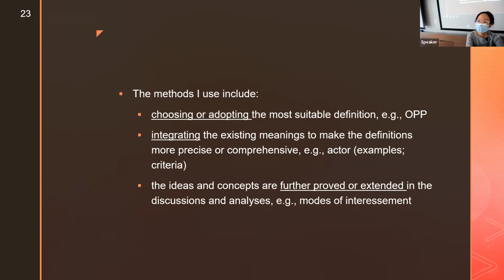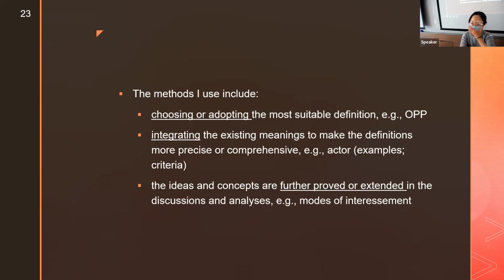The methods I use include, first, choosing or adopting the most suitable definition, and the example here is the concept of obligatory passage point. I think we do not have time to go into that, so I will just move on to the next method, which is to integrate the existing meanings of some concepts and make the definitions more precise or comprehensive.